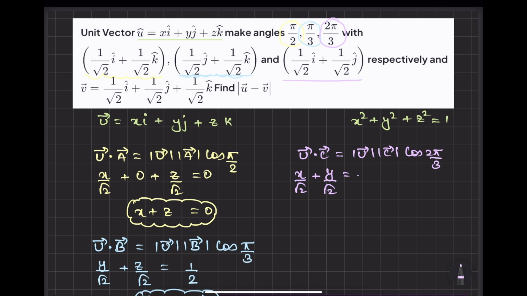So it will be minus of what? Minus of 1 by 2. Okay, so we got this thing. So can I write x plus y equals minus 1 by root 2? So we got our another equation.